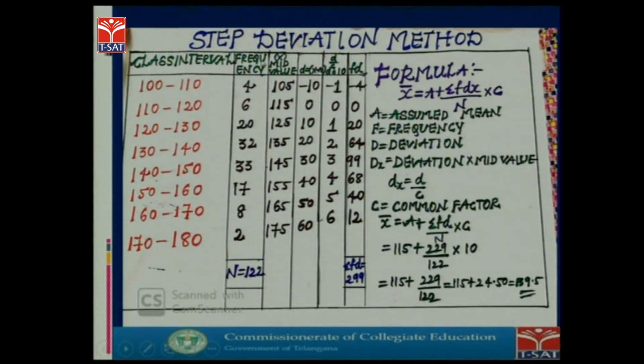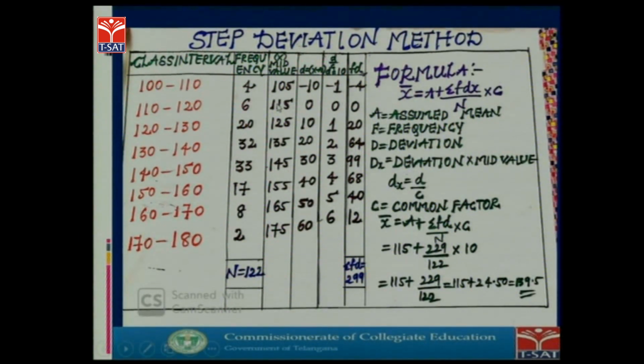Now we have to apply the step deviation method, that is d is equal to x minus a. X value is this. Now let us take this 115 as the assumed mean. You can take any number, but I am taking 115 as the assumed mean.